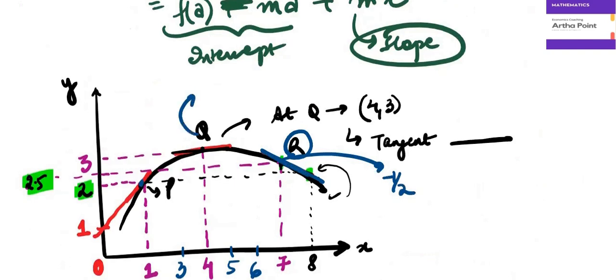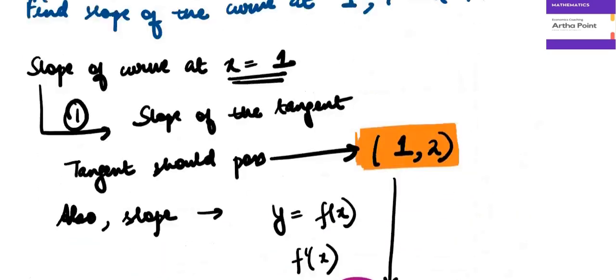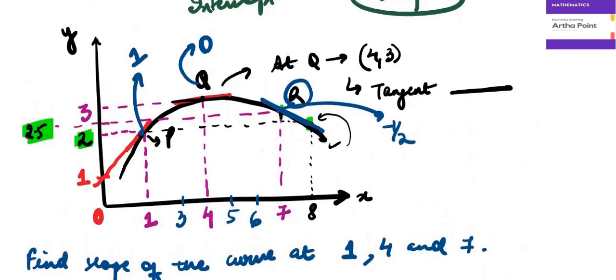The slope at Q is 0. And the slope at P is whatever we found out, which is 1, and which is positive. So this is the first thing that we have to understand. In order to find the slope of a curve at any point, we can find the slope of the tangent to the curve.